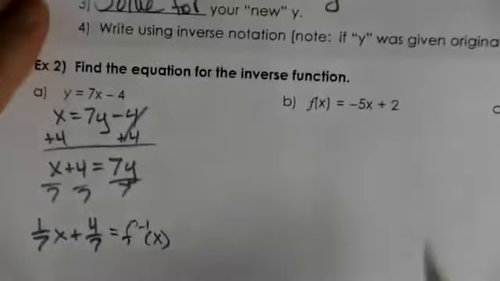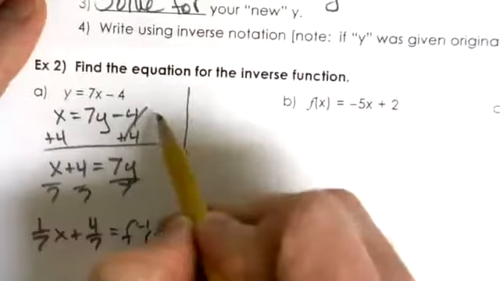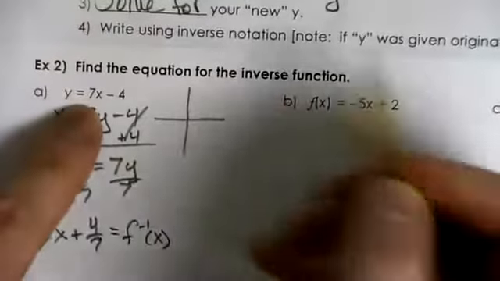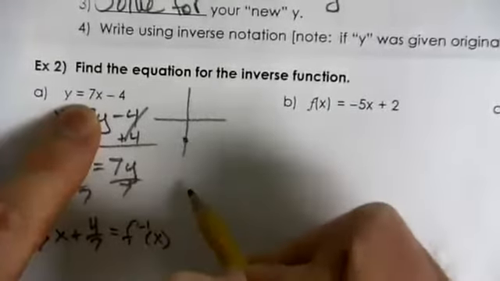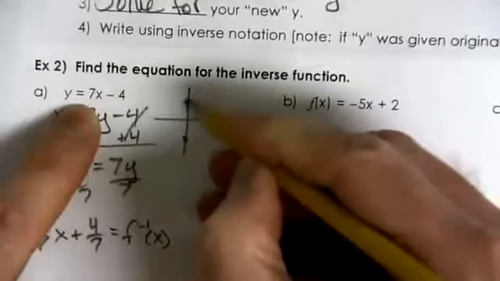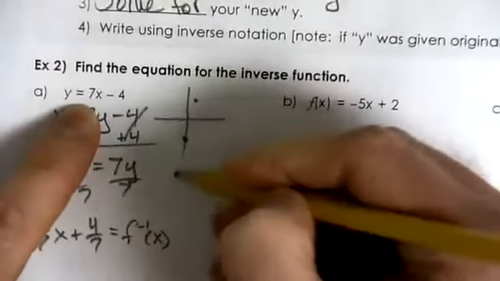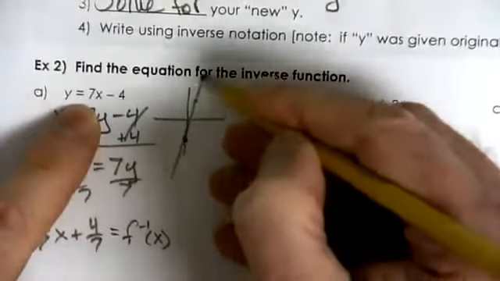The original graph would have been something down at -4, up 7 over 1, up 7 over 1. So it's going to look something like that.